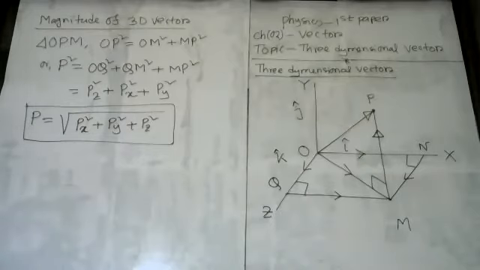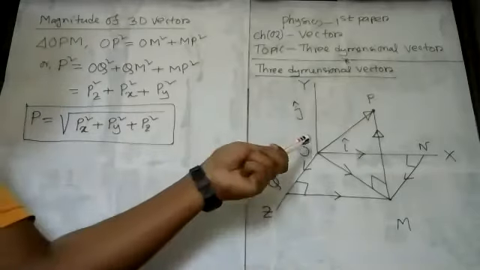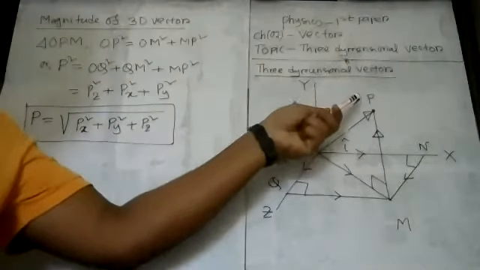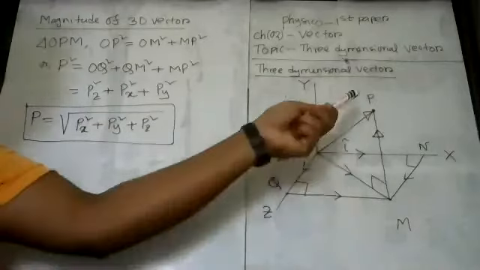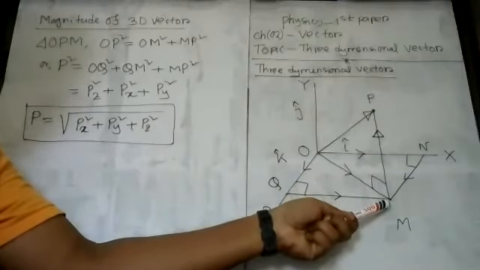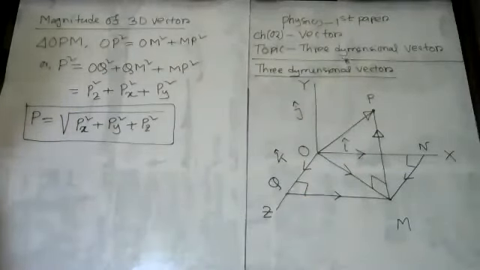You see this, my dear student? OP is a vector. And from this point P, I'm going to draw a vertical line on the floor. Since I'm drawing a vertical line on the floor, PM is the vertical line on the floor. What does it mean? On the floor surface, PM makes a right angle, that is 90 degrees.